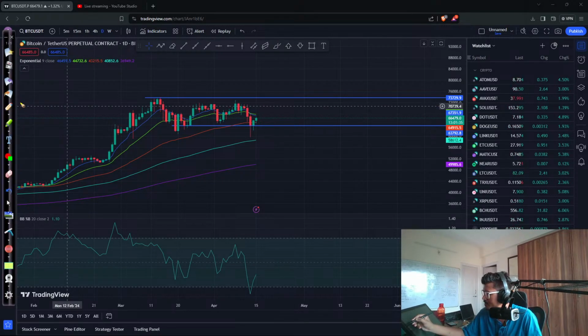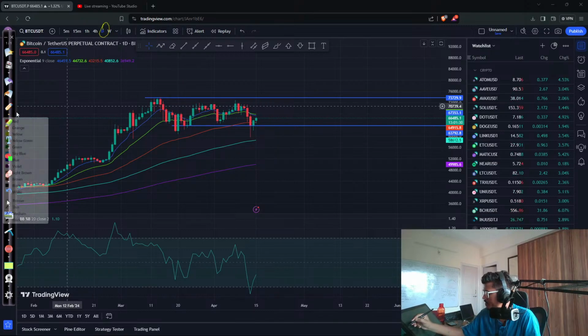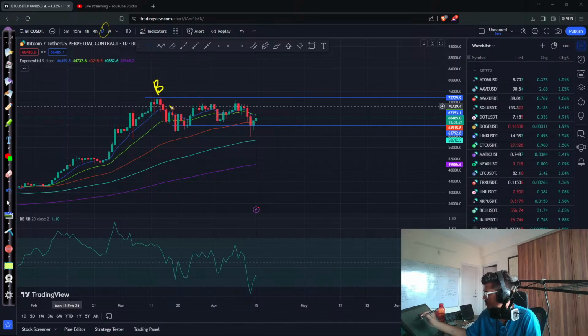So on the daily time frame, what we got here is, see our buying climax. Automatic reaction. So secondary test here. Here we are in the spring kind of situation, spring slash secondary test.